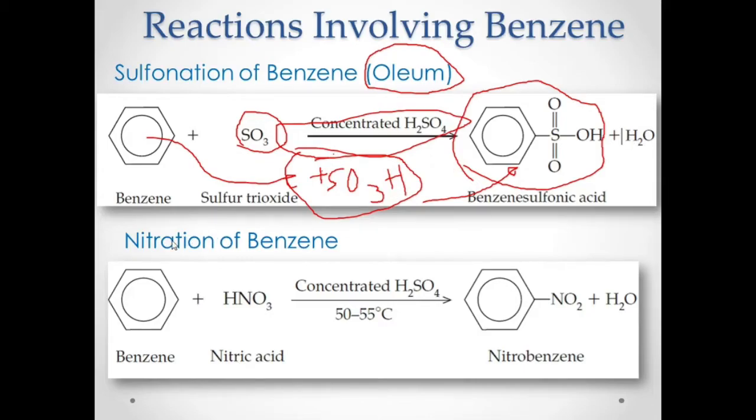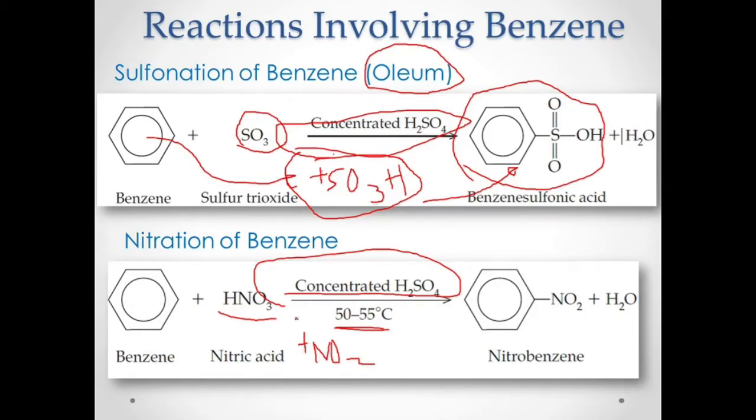You have nitration of benzene. Very simple. You're adding nitro to the benzene. So the reactants are nitric acid in concentrated sulfuric acid. You're heating it only at about 50 to 55 degrees Celsius. Okay? So in this case, we can actually form nitro, which is an electrophile here.